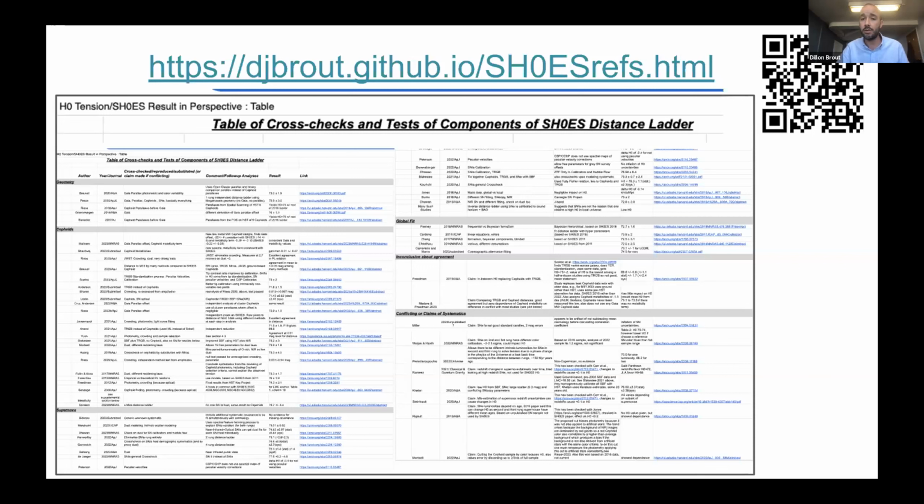And we're going to be continuously updating this to hopefully show you how robust the measurements are and try to give short explainers on what's going on in each of these papers with relation to the distance ladder. We, of course, also cover in this spreadsheet any conflicting measurements, but we encourage you to look at the entire scope of the cross-checks on the distance ladder method and visit this link.